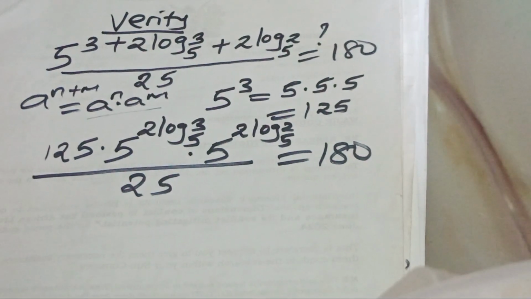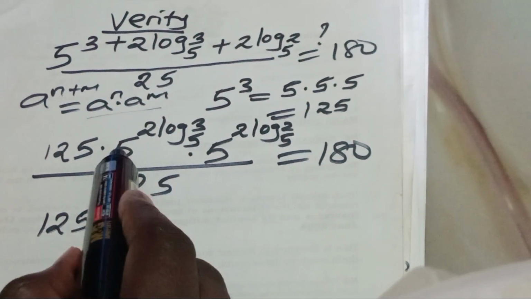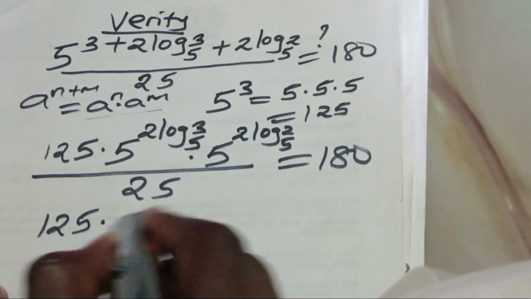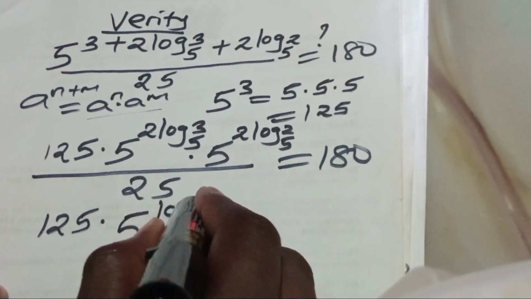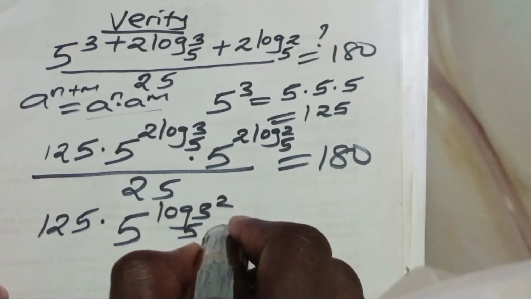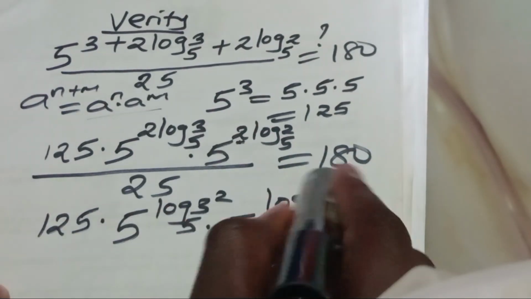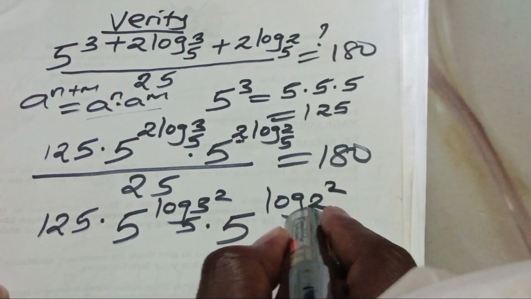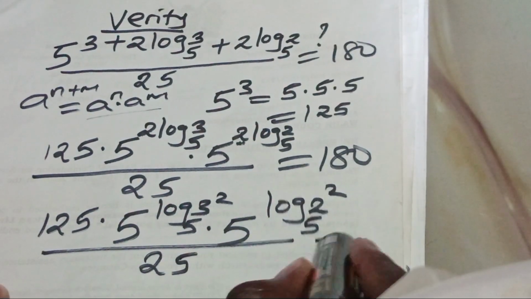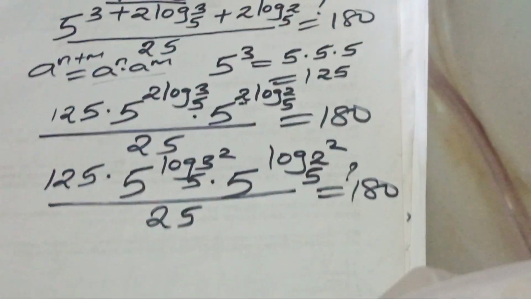Now from what we have here, we have 125 multiplied by 5 to the power 2 log 3 to base 5, which is the same thing as 5 to the power log 3 squared to base 5, multiplied by 5 to the power log 2 squared to base 5, divided by 25. This should give us a value of 180. So let's check if this is true.